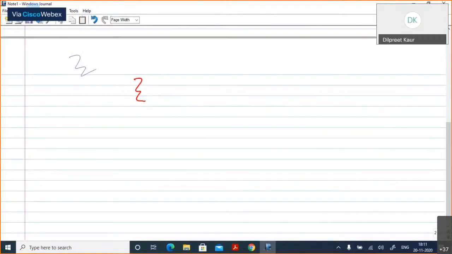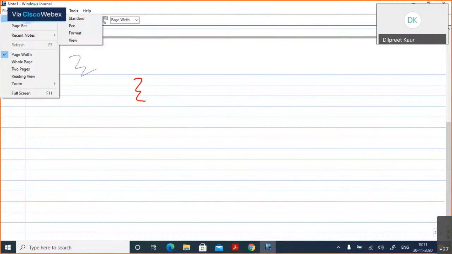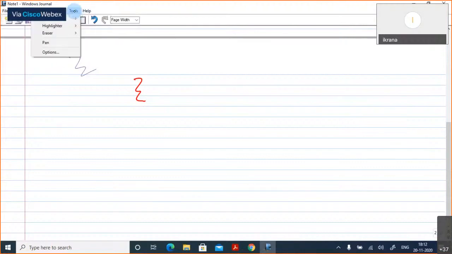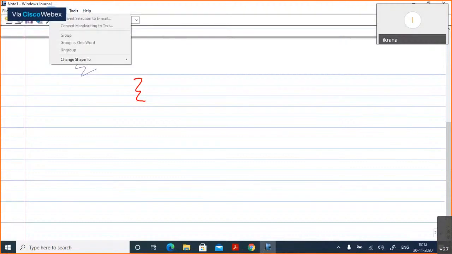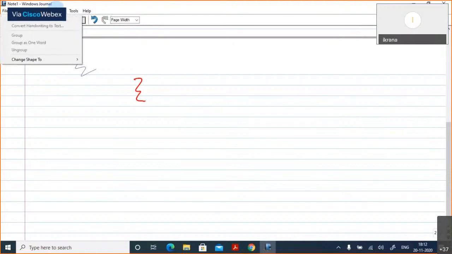Sir, can you please increase volume? Yeah, volume, I don't know. I can increase the speaker thing, but I don't know how to increase the volume on a laptop. Is there a possibility? Tell me if there is, I will surely do it.